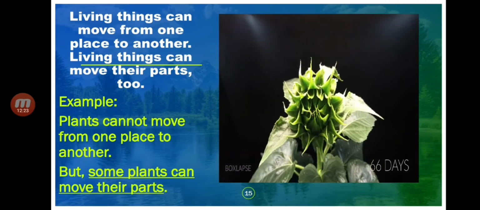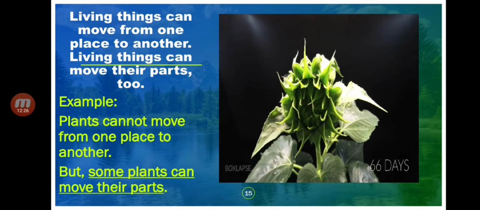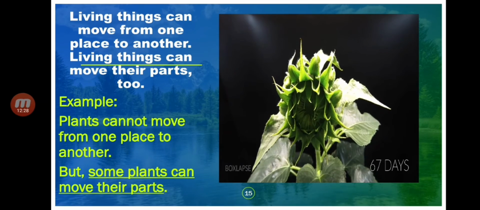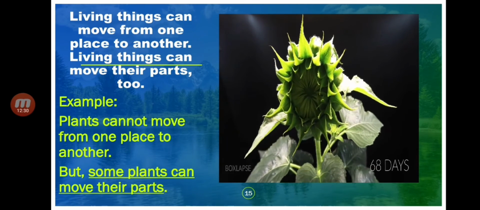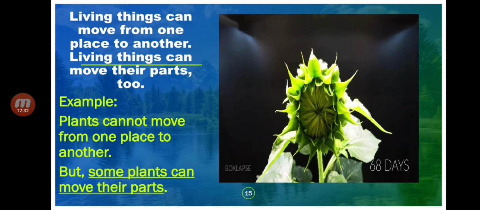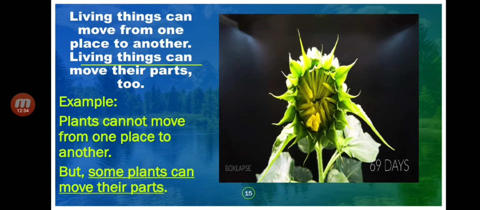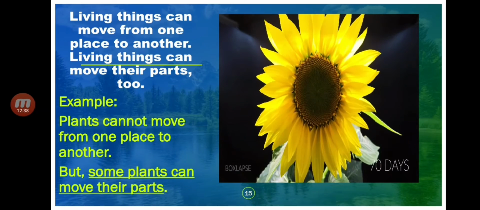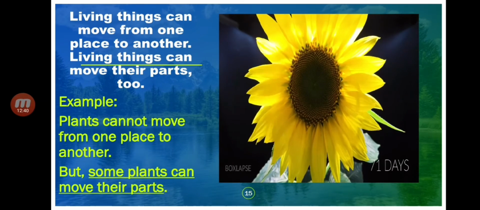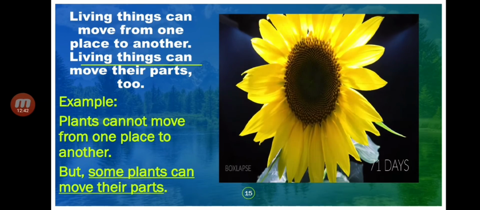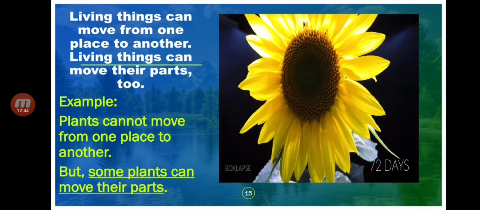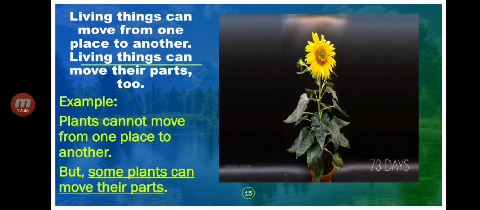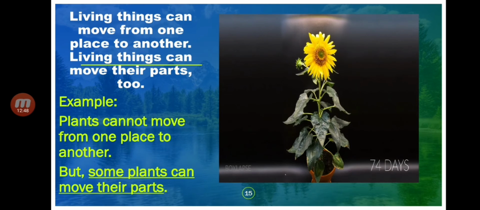Day 65, the flowers started to develop. Day 70, the flowers started to bloom. Wow! You know what that flower is? Okay, it's a sunflower. So pretty and so beautiful.